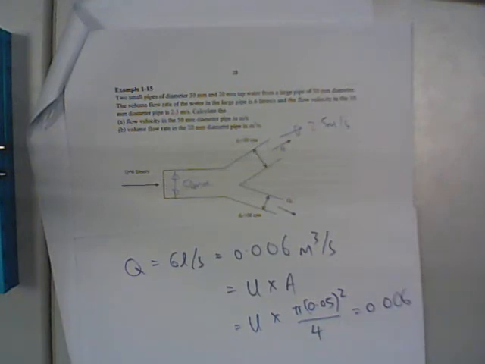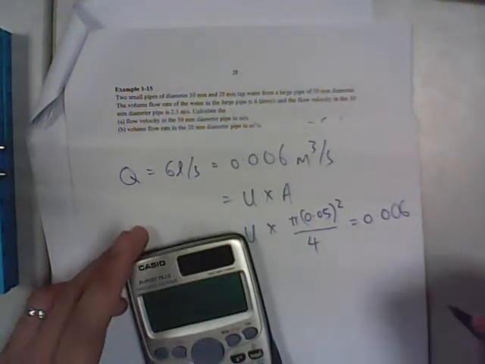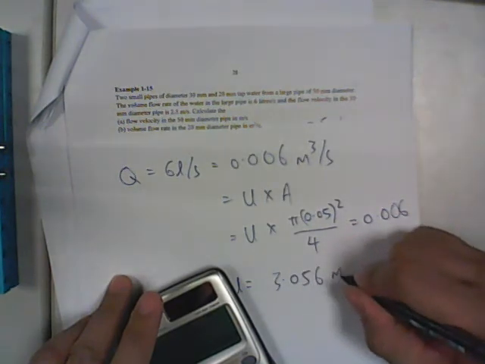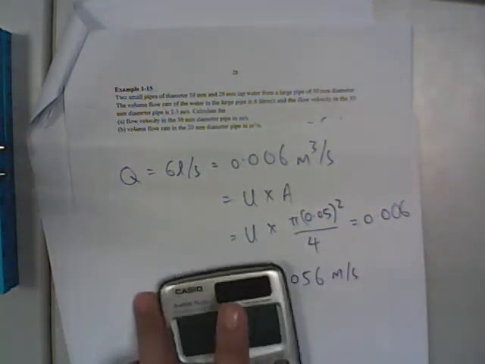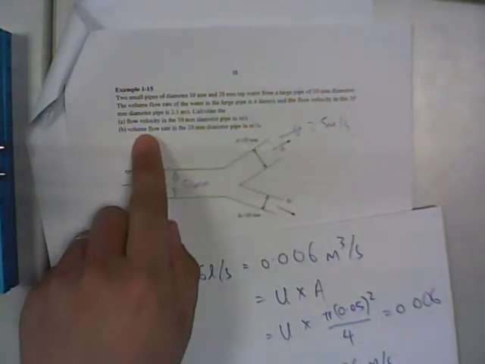So my U will be 3.056 meters per second. So this value is coming in here.